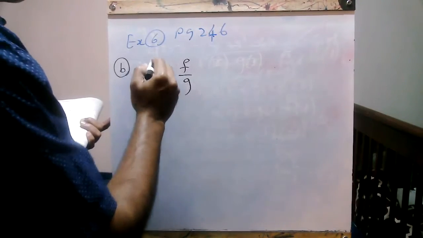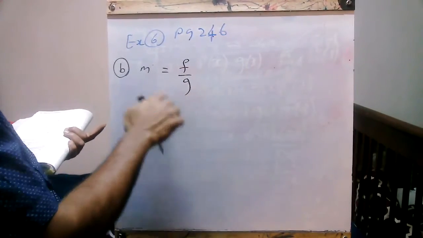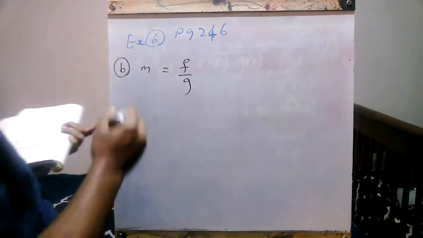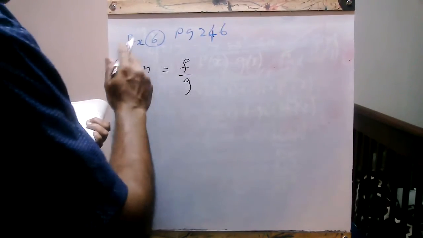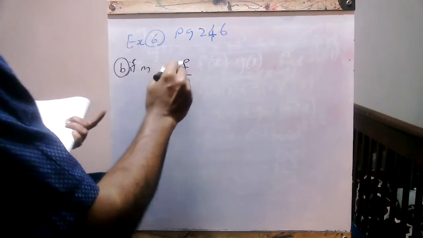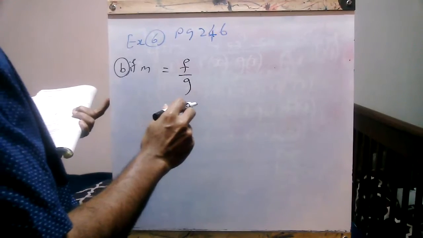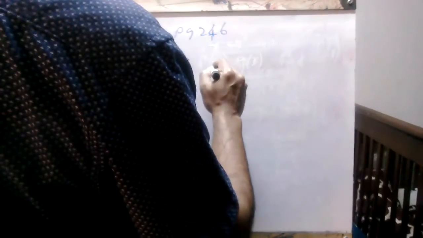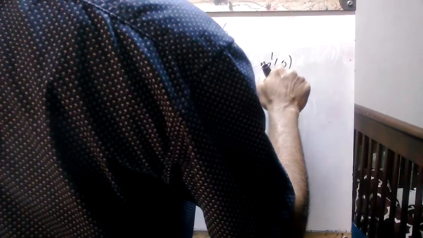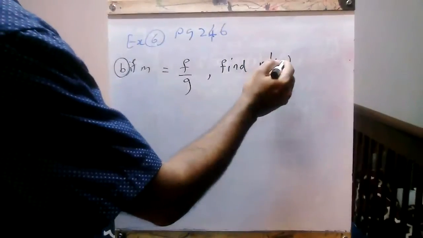This is the same as m(x) equal to f(x) divided by g(x), right? Now again the question is, if m equals f over g, find m dash 0.